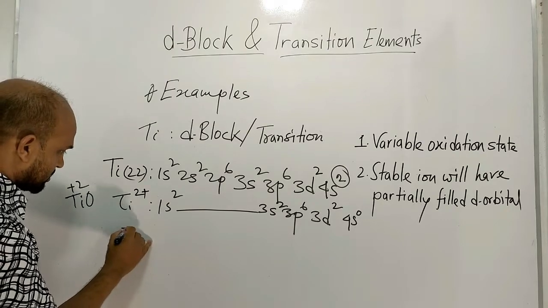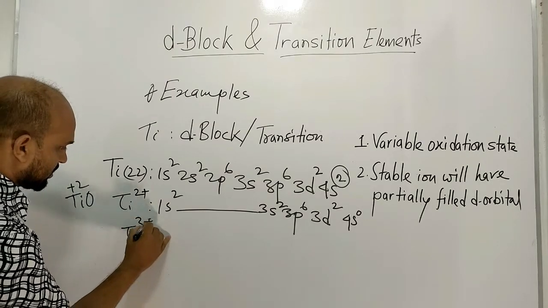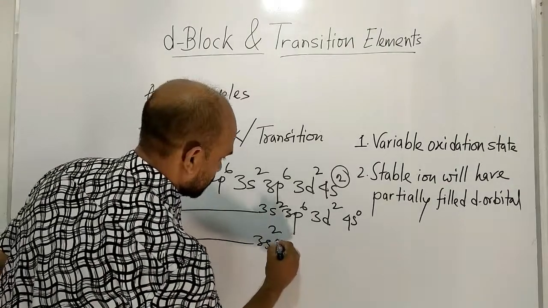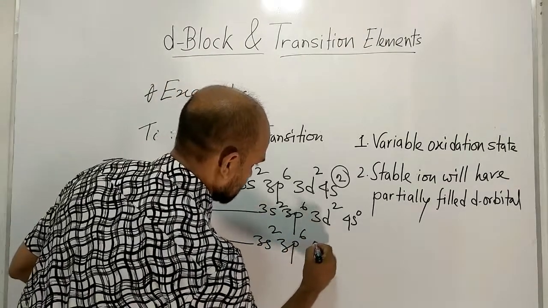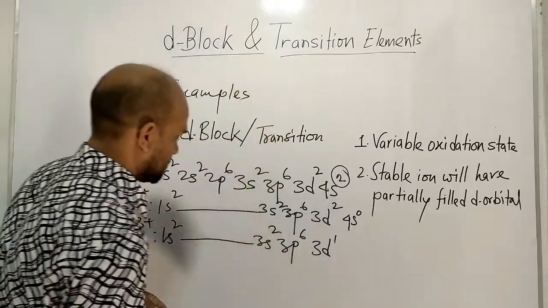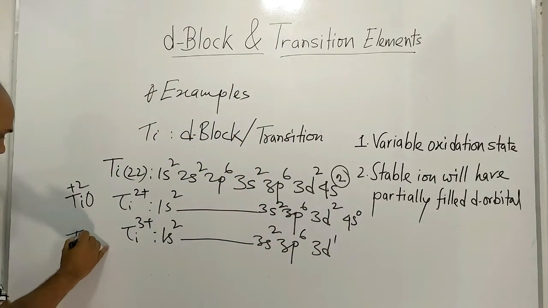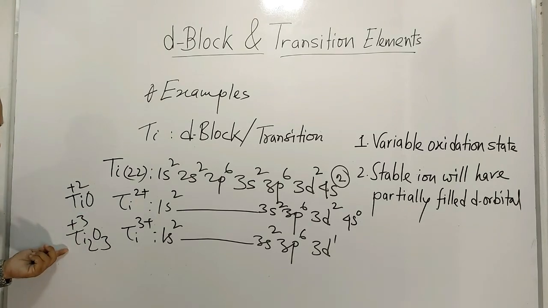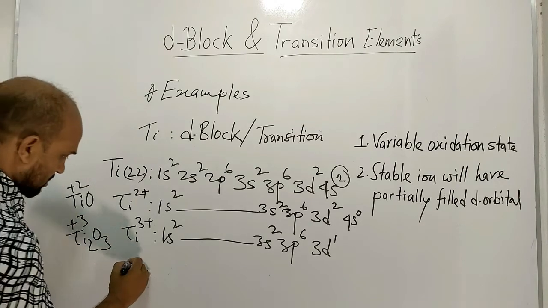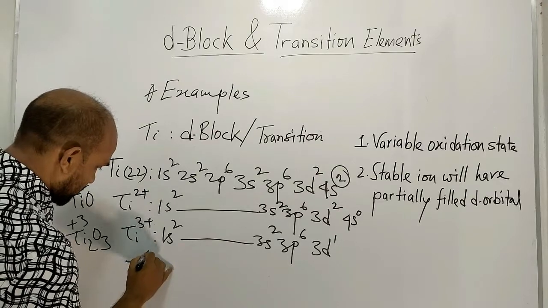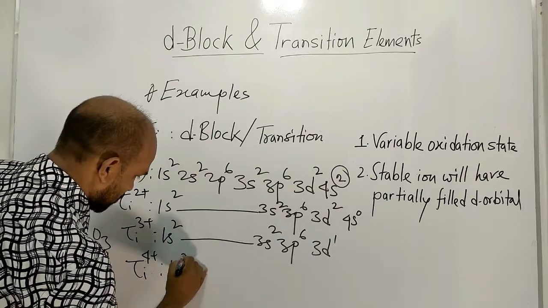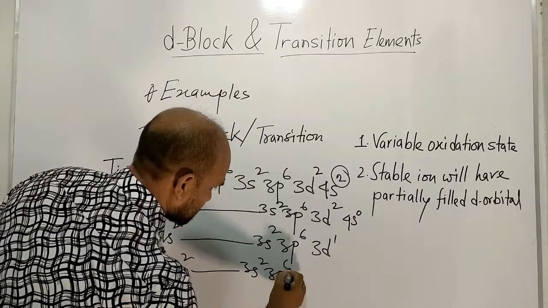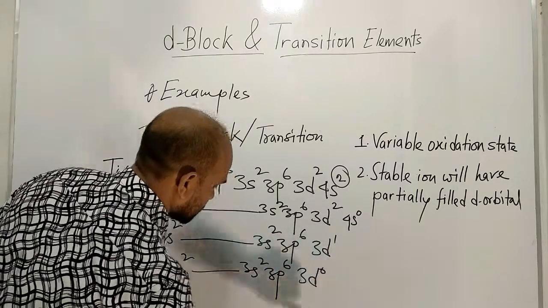Another ion, titanium 3 plus. Here 1s2, 3s2, 3p6, 3d1. Like titanium oxide, here the oxidation number of titanium is +3. Another one, titanium 4 plus, 1s2, 3s2, 3p6, 3d0.